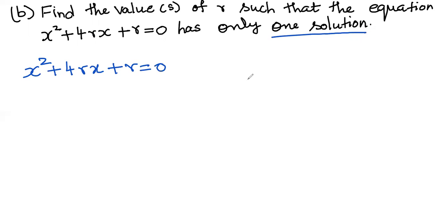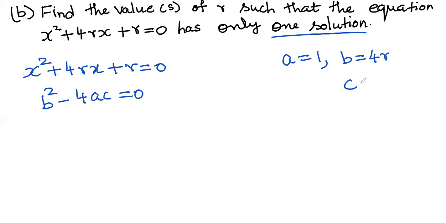And because it's only one solution, we have to only take the discriminant. So the discriminant is b squared minus 4ac equal to 0. Here we have a equal to 1, b is 4r, and c is r.